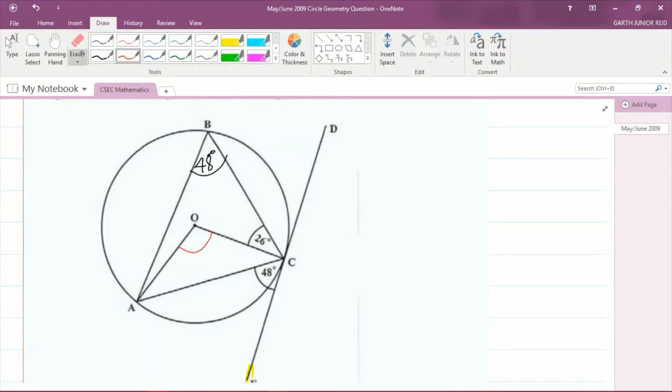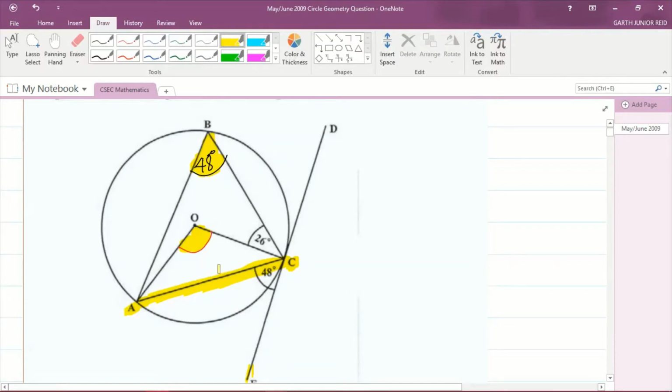Now, what do you know about this angle? We're going to observe this angle here and the chord AC. You recognize that these two angles stand on the same chord, which is AC.